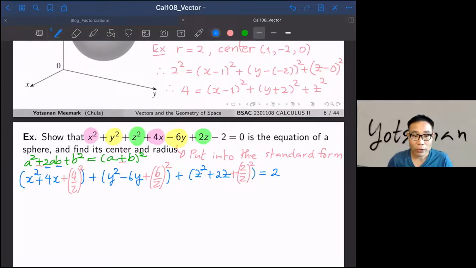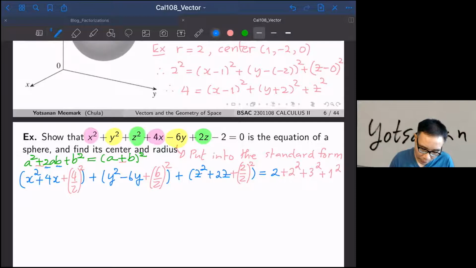Okay, so you add the same thing to the other side as well, because you'd like to keep the equation the same. So you add 4 over 2 squared, which is 2 squared, 6 over 2 squared, which is 3 squared, and 1 squared.